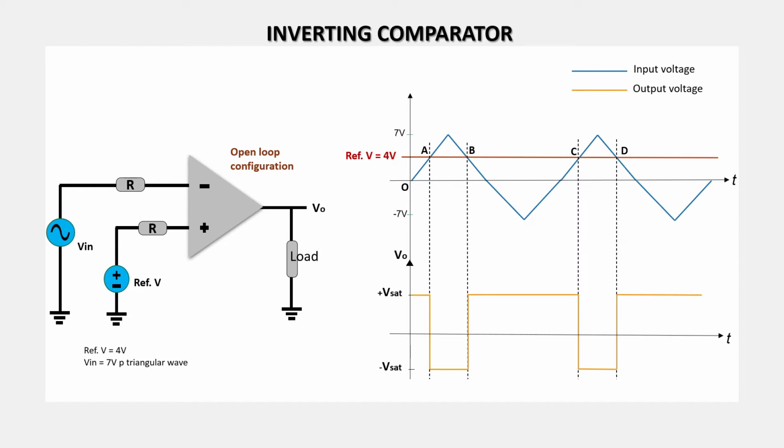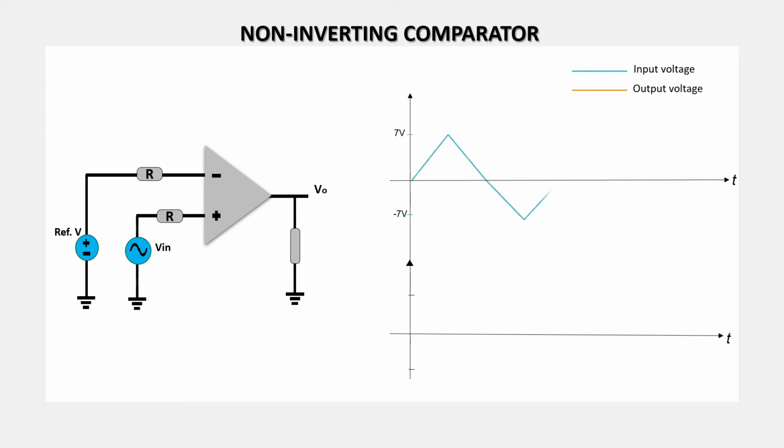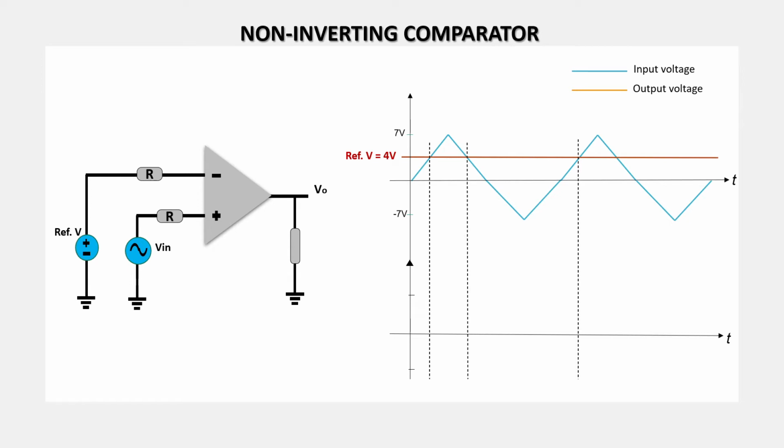Now we will see the non-inverting comparator. As we have already discussed, the input voltage is applied to the non-inverting terminal. Let us again draw the input waveform. Let us draw the reference voltage. Let us draw perpendiculars at the intersection points.